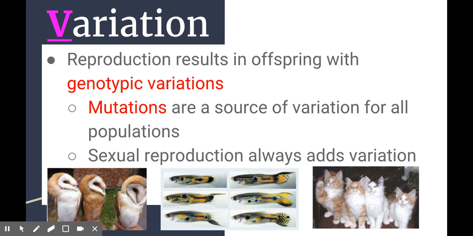Now, sexually reproducing populations have a second layer of variation that inherently gets added in every single time they reproduce. The reason for this is that in sexually reproducing populations, like owls and fish and cats and humans, you require DNA from 2 parents, where you get a random 50% from one parent, a random 50% from the other, and you mix them together.